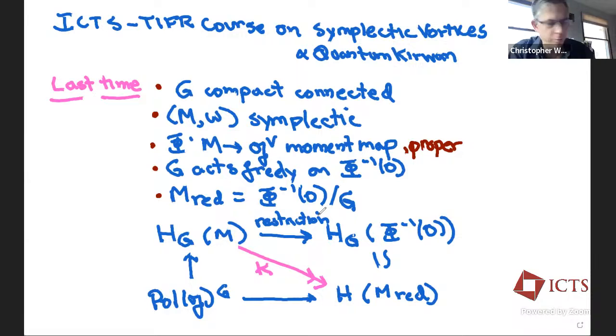I can just pull back equivariant forms under the inclusion of phi inverse of 0 into M. And then this vertical map is the isomorphism, so it's just descending to the quotient. And the composition of these maps is called the Kirwan map, so I'm calling that K. And the theorem is that that's surjective.